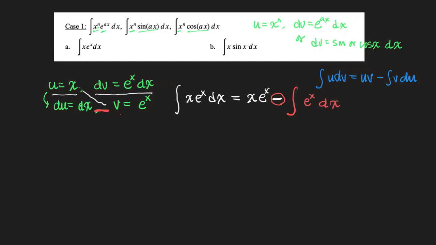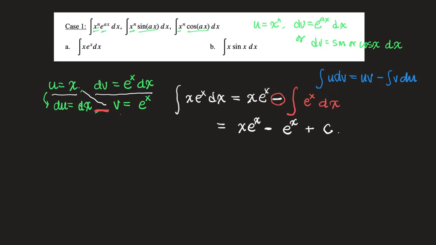Can you see that? Now you only need to take the integral of the second part: x e to the x minus the antiderivative of e to the x, which is e to the x plus c. That's how to find the first example, okay?